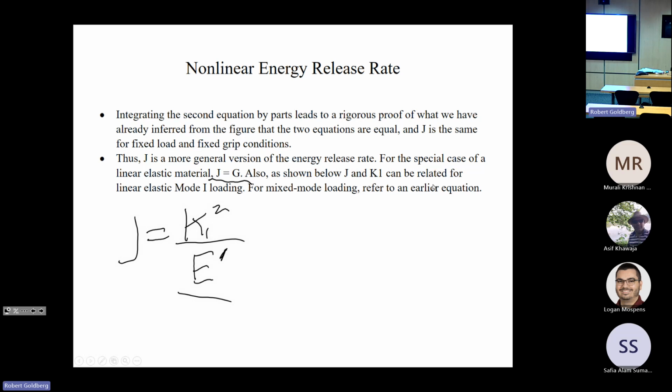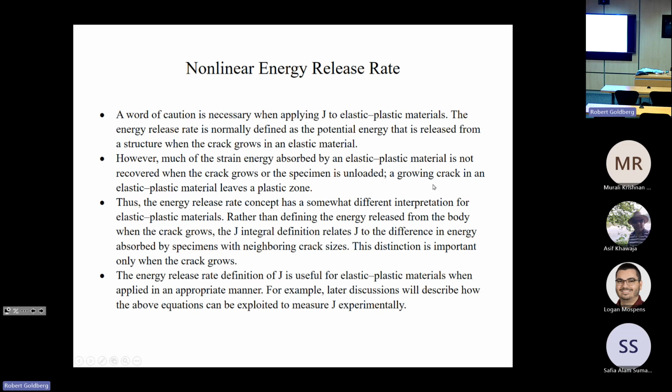And this is for the case of mode 1 loading, and for mixed mode loading, you use the equivalent terms that we talked about in linear elastic fracture mechanics. Now, there is a word of caution when applying J to elastic plastic materials. You normally think of the energy release rate as the potential energy that's released from a structure when the crack grows in an elastic material.